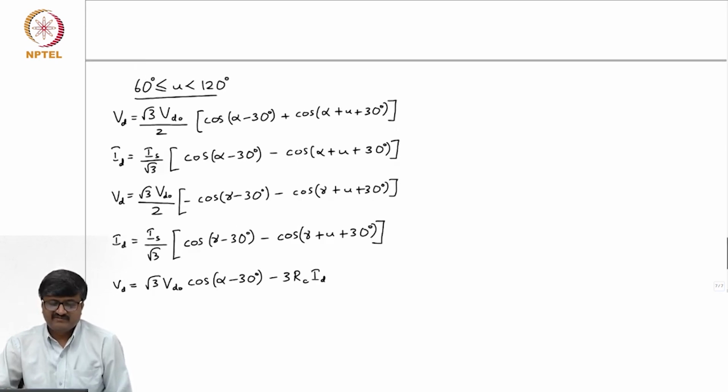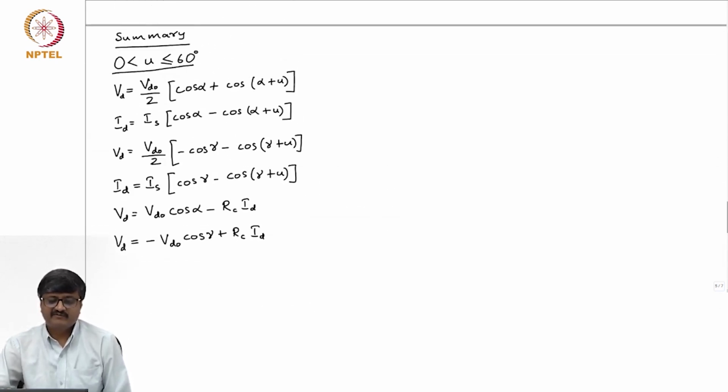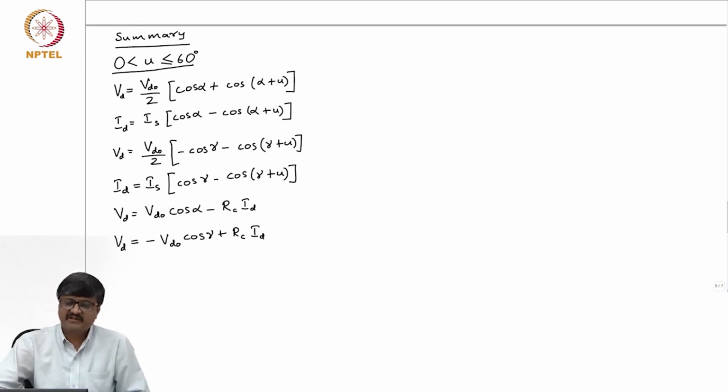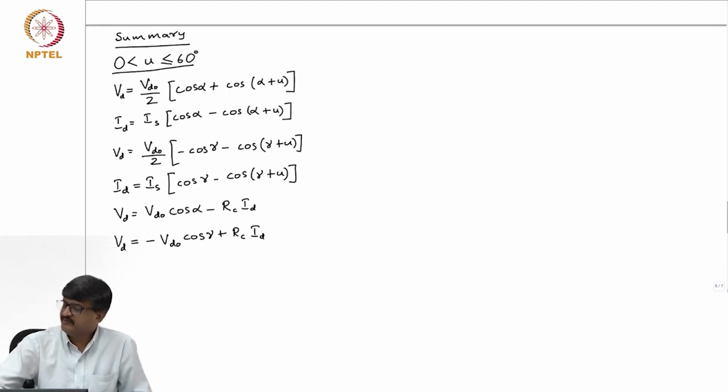So I have 6 equations for 3 and 4 valve conduction mode and 3 valve conduction mode, and 6 equations which is applicable for 2 and 3 valve conduction mode as well as 3 valve conduction mode, because both these sets of equations are valid for u equal to 60 degrees.